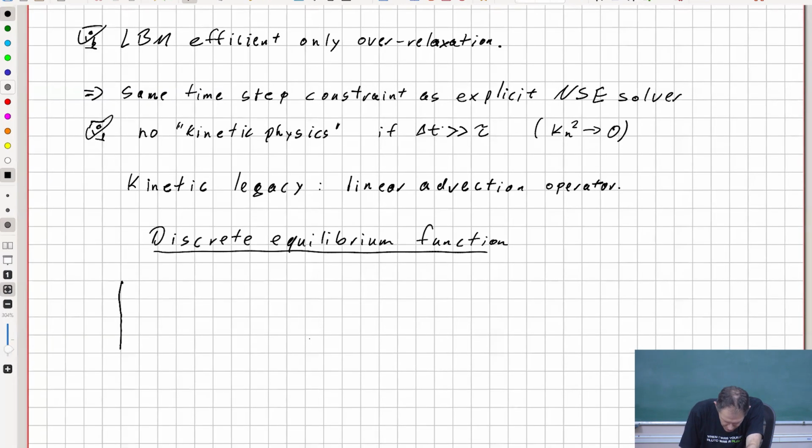So now actually I'm getting a little bit repetitive to what we already had yesterday in the hands-on sessions.